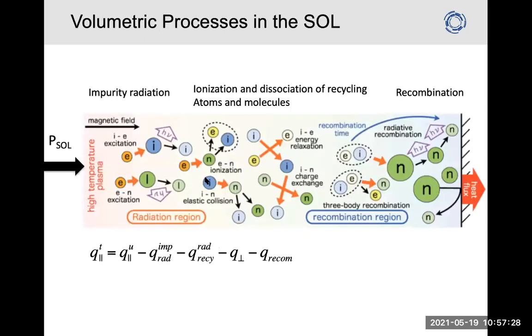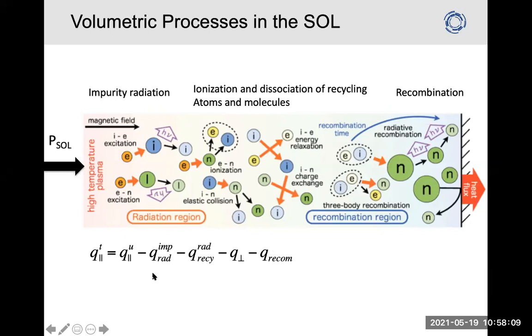Okay, so if we now look at the parallel heat flux that reaches the target, it is the parallel heat flux that we put in upstream, minus the power lost by recycling from neutrals that radiate in the process of being ionized, minus the amount of power that you lose from perpendicular transport, so for example, this turbulent transport, minus the power that you lose by recombination processes, because that also costs energy, and of course, minus the impurity radiation.